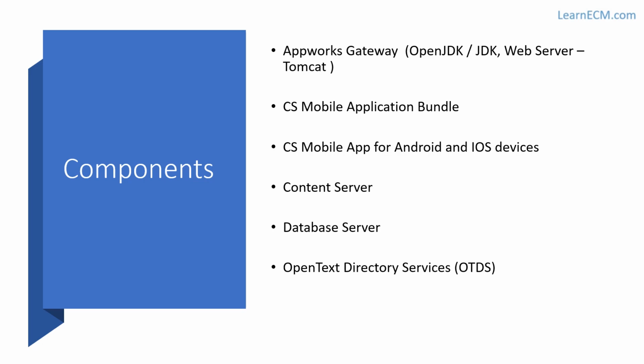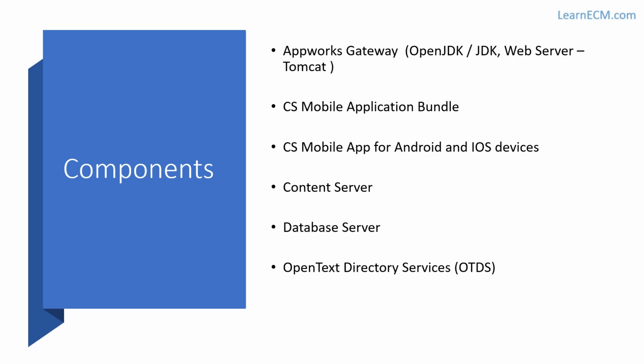Then for the web server we will use Tomcat. So we have these two components along with our AppWorks Gateway server. Then we have the CS Mobile Application Bundle, which we need to install on AppWorks Gateway. Then we have the CS Mobile app itself, which we will install on our Android or iOS devices.